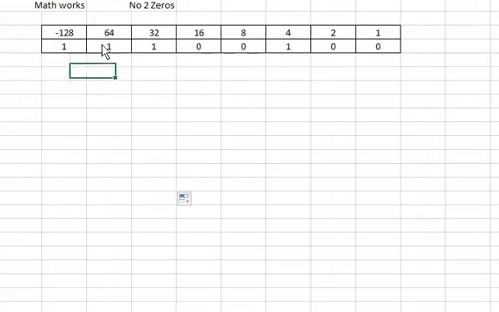Minus 5, probably the most difficult one. Okay, so minus 128. That means the difference between that and minus 5 is 123. So you just need to do 123 here. So 64 and 32 makes 96. Okay, 112, and then you're left with 120, 122, 123.